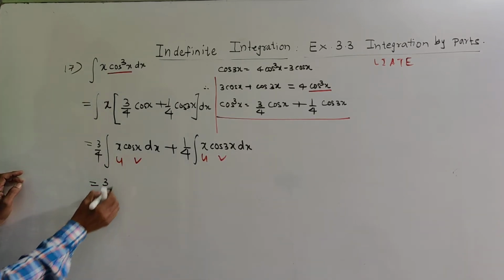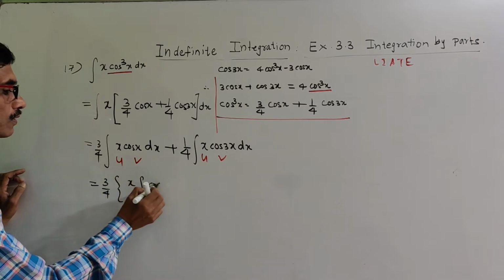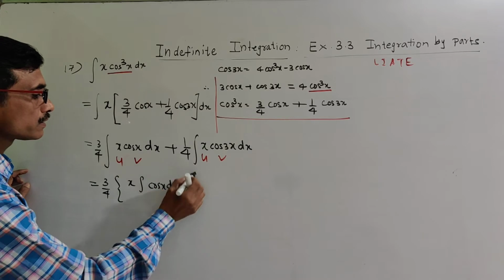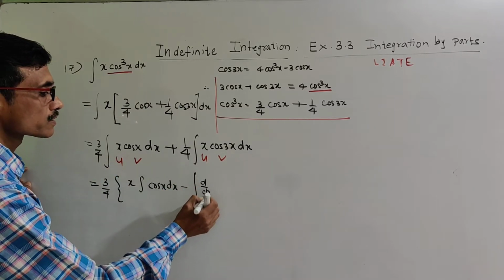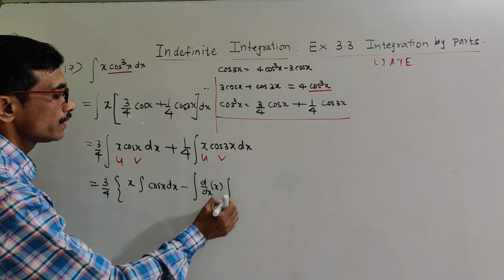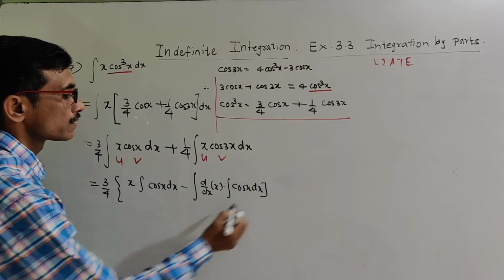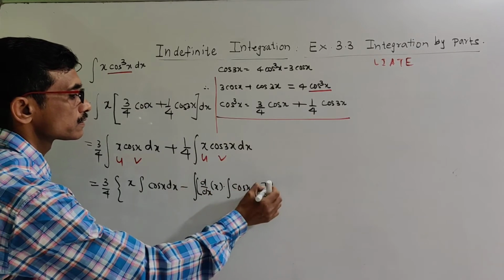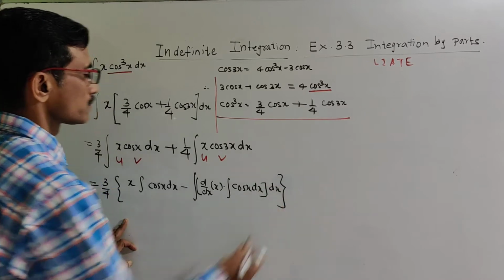3 by 4 x integral of cos x dx minus integral of derivative of x, d by dx of x, integral of cos x dx. Here this bracket completes.